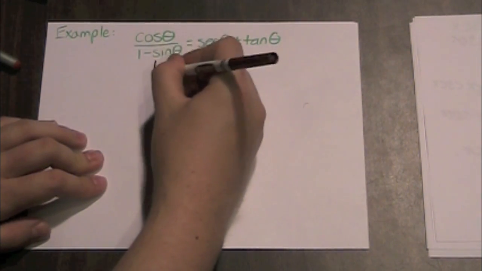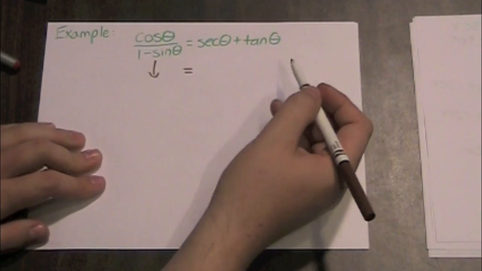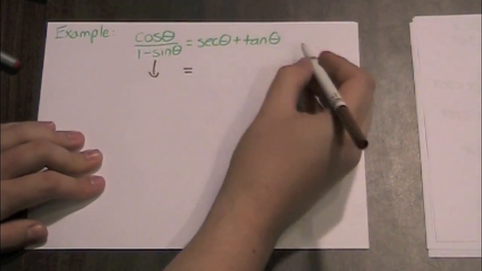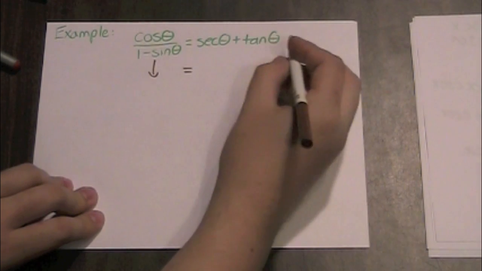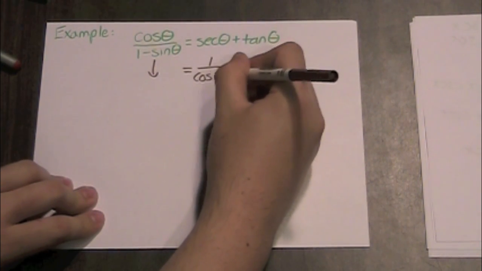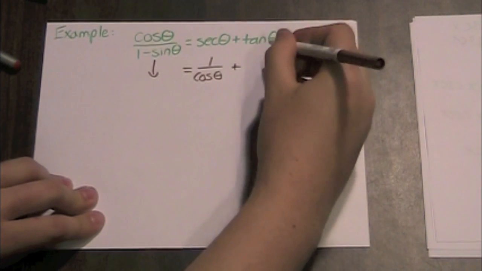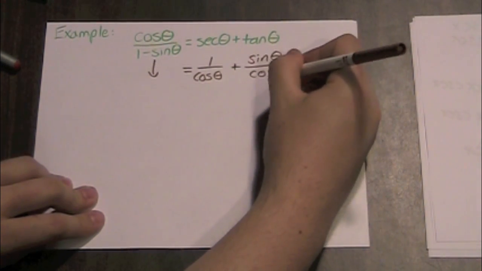So in this case, I'm going to leave my cosine theta over 1 minus sine theta and work with my right side, secant theta plus tangent of theta. If I begin by writing these as cosine and sine, I'm going to have 1 over cosine of theta plus sine theta over cosine of theta.